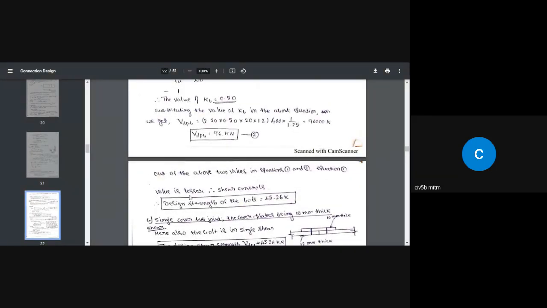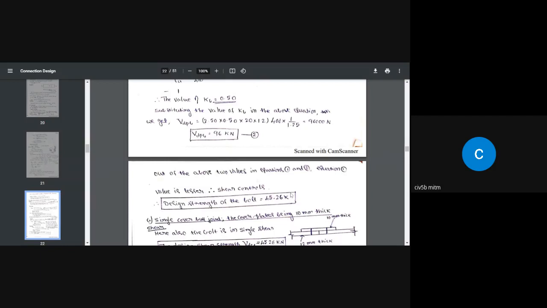That is the design strength of the bolt, or the bolt value. So 96 kilonewton is the design strength of the bolt in bearing, and 45.26 kilonewton is the design strength in shear. The lesser of those two values is the design strength of the bolt itself. Another name for the design strength of the bolt is the bolt value. We say the bolt value is 45.26 kilonewton.